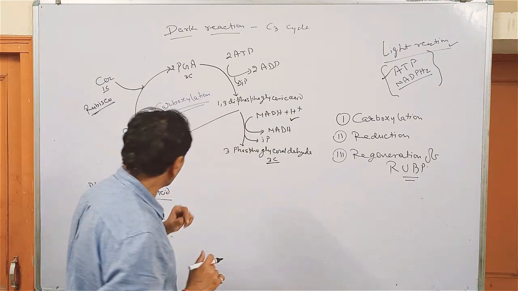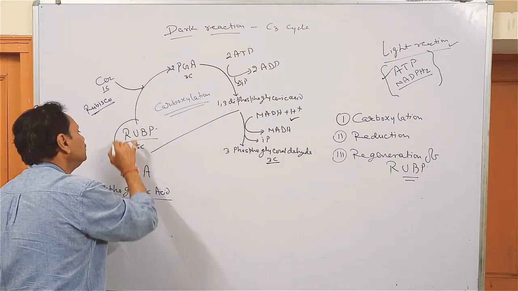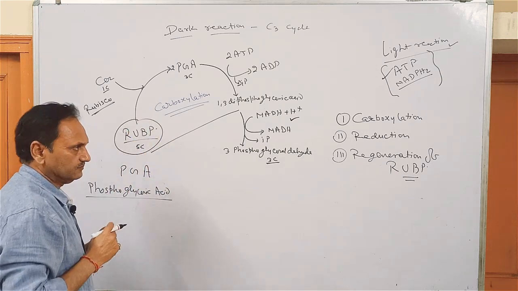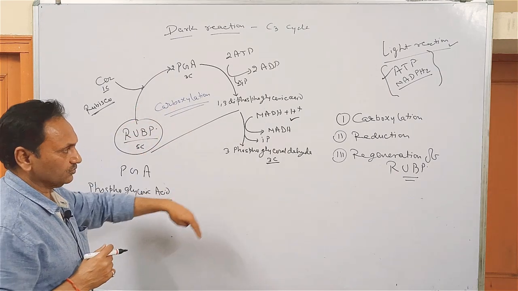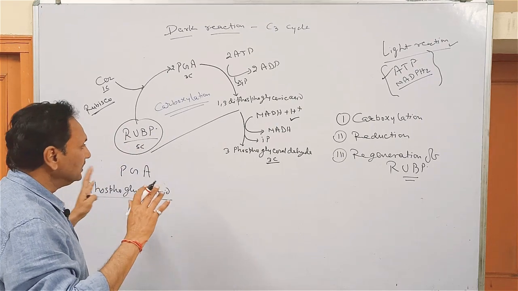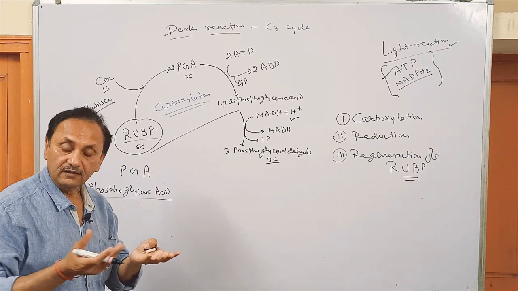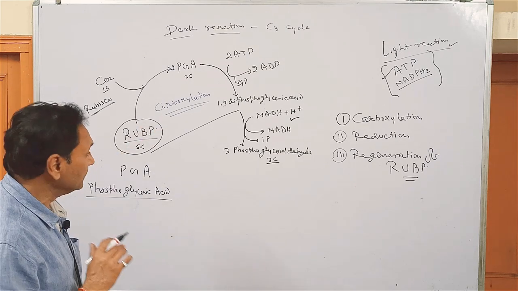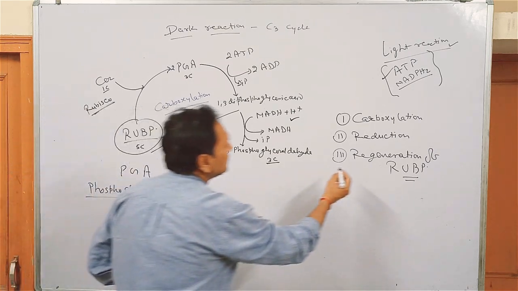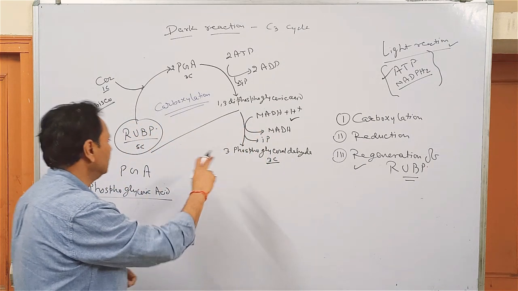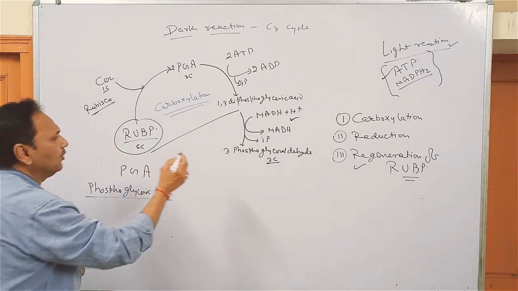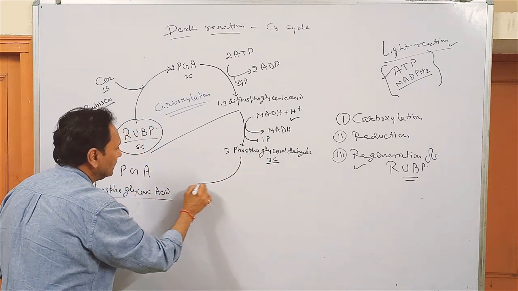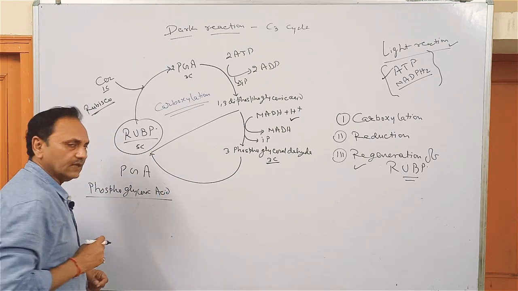Now, if RUBP is utilized by this process, then RUBP is no longer in reserve, so the process will be stopped. So it is essential that regeneration of RUBP should take place. Now, what happens here? The regeneration of RUBP takes place.